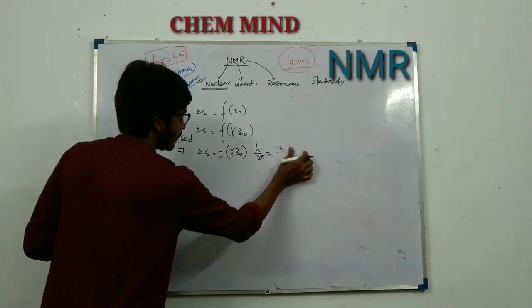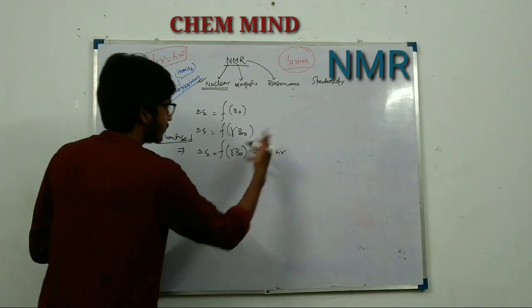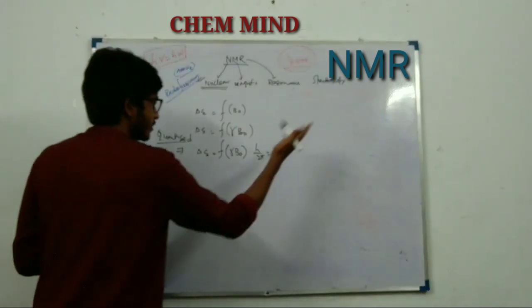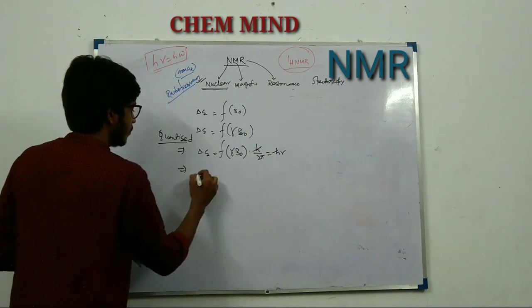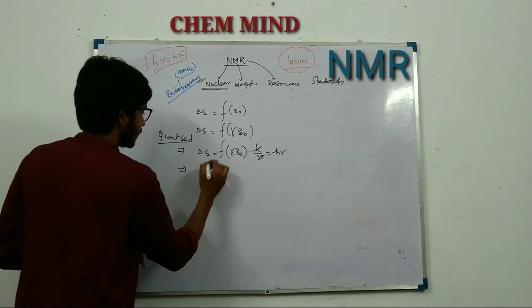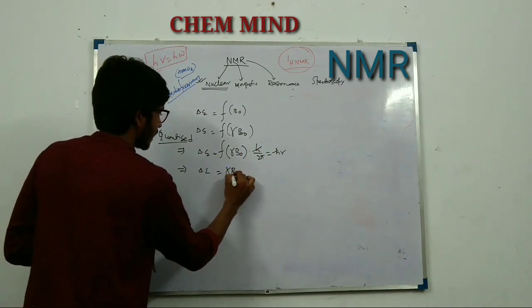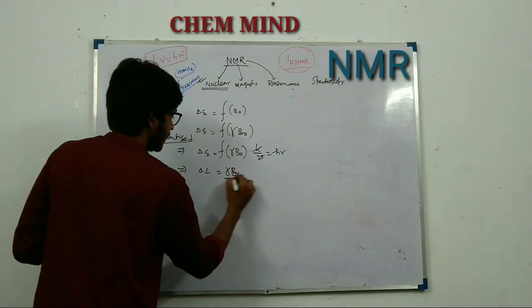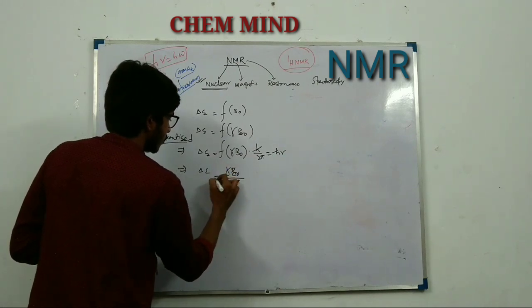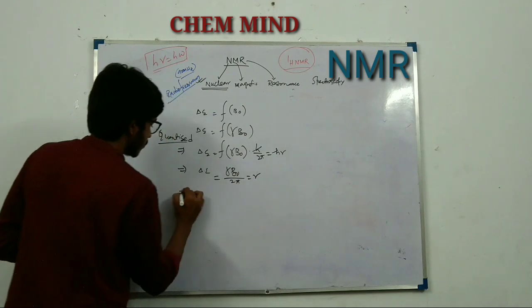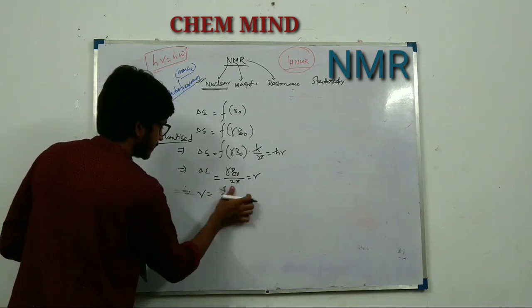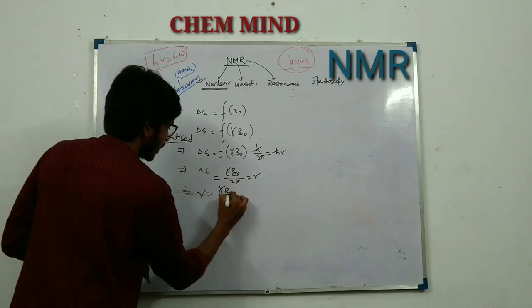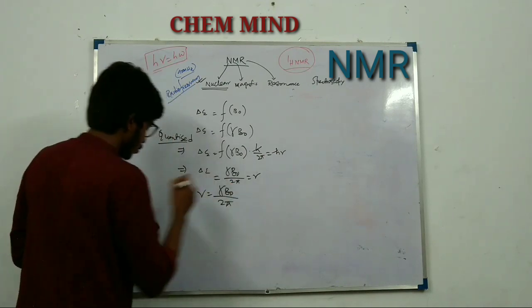Because E equals h nu, which is h c by lambda. So h is cancelled out, and we remove the function portion, and gamma B naught by 2 pi equals nu. Therefore nu equals gamma B naught by 2 pi.